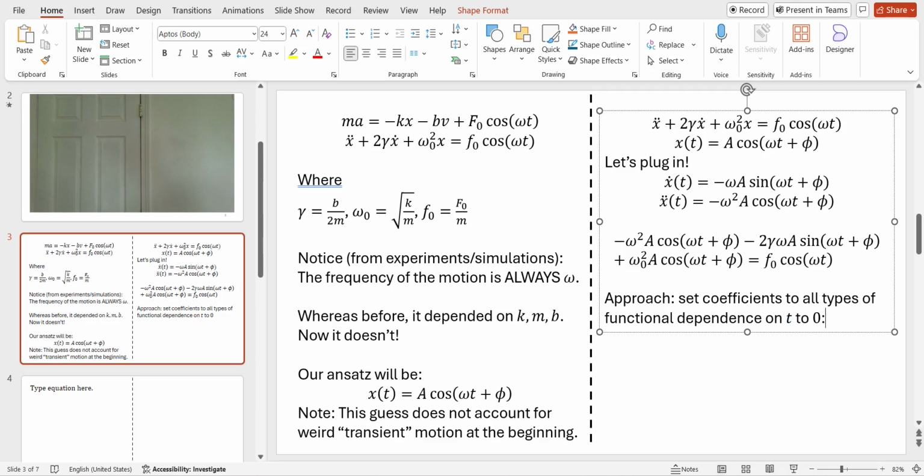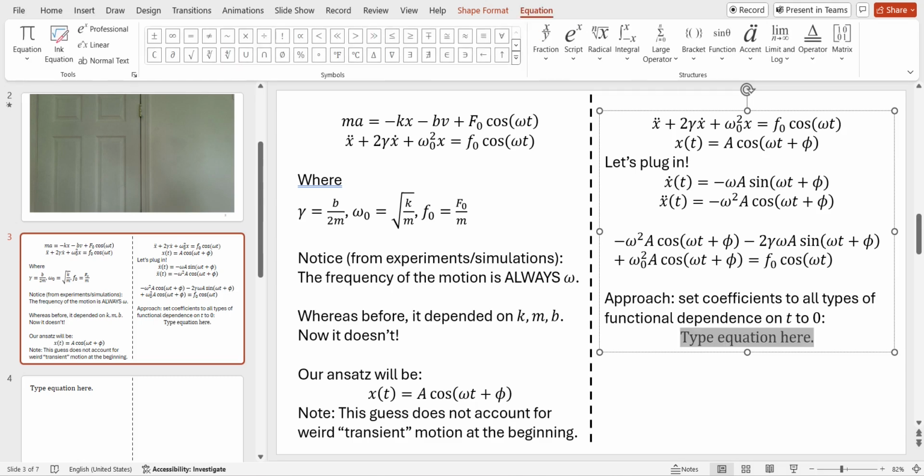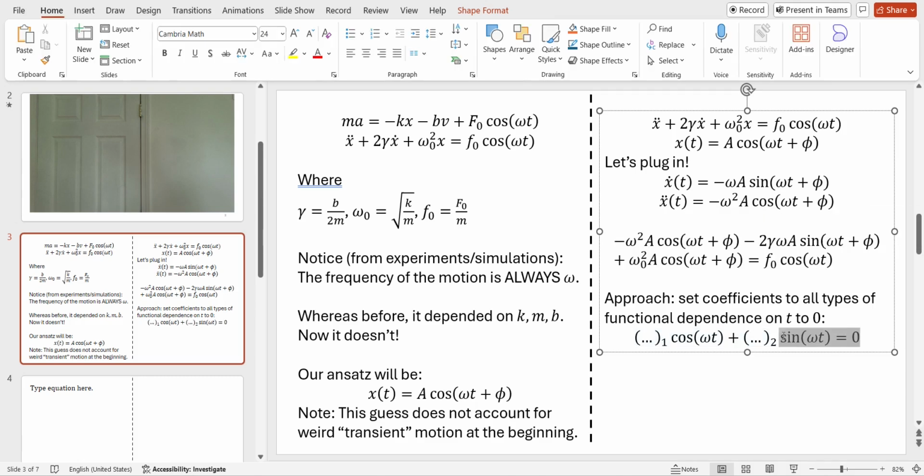So that's going to look like we're going to try to transform what we have over here into something of the form: something here times cosine of omega t plus something here times sine of omega t equals 0. So this equation that we have here can be written in this way. How do we do it?